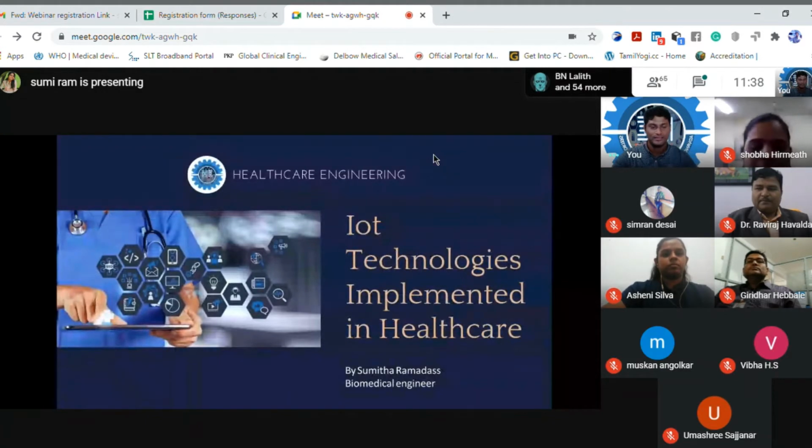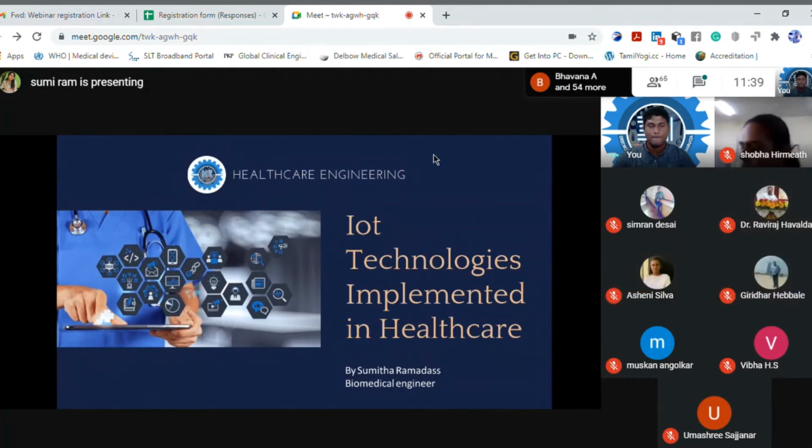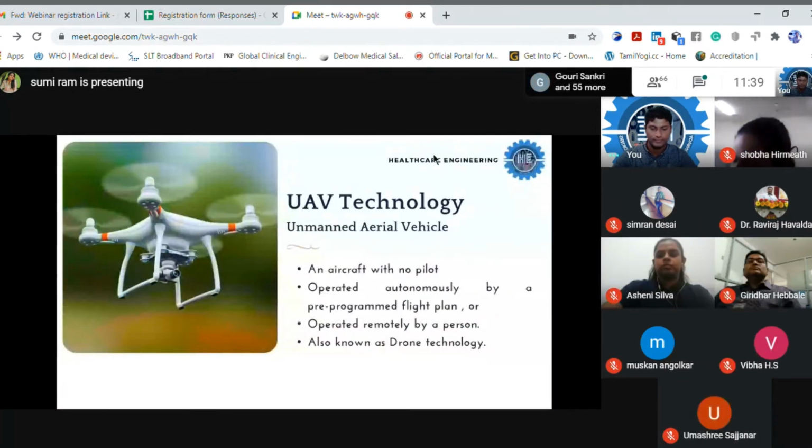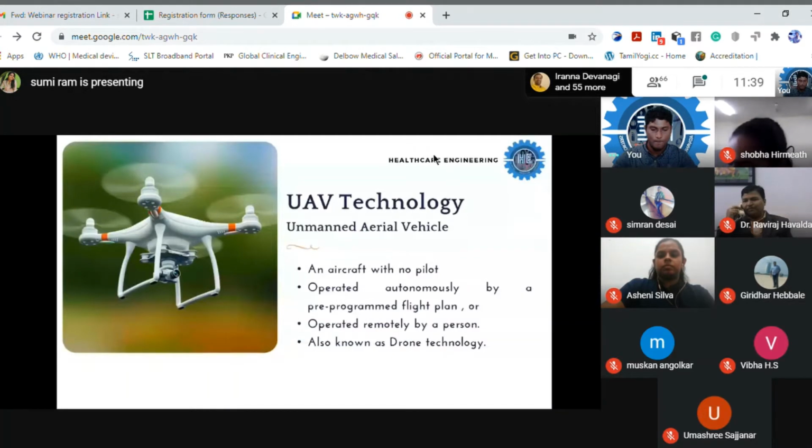I'm Sumita, a biomedical engineer from the Healthcare Engineering team, and I'm going to continue this session with the IoT technologies implemented in healthcare. The first technology we are going to see is the UAV technology. UAV stands for unmanned aerial vehicle.